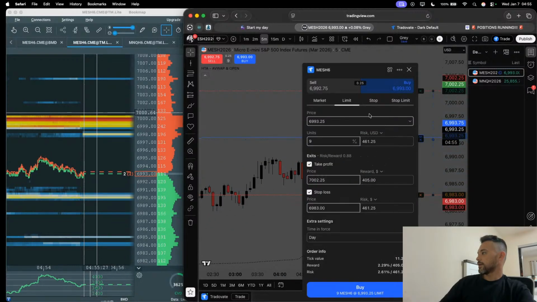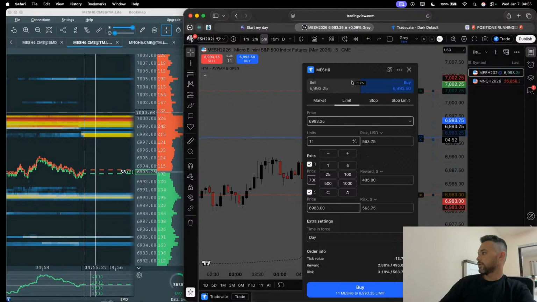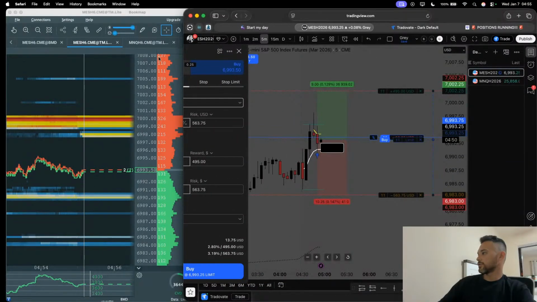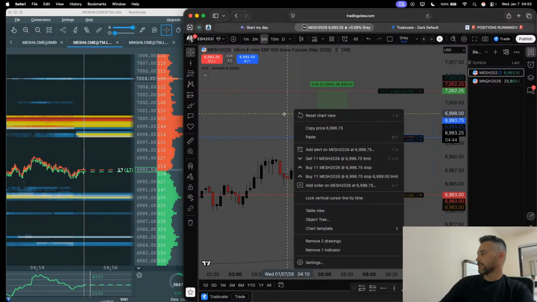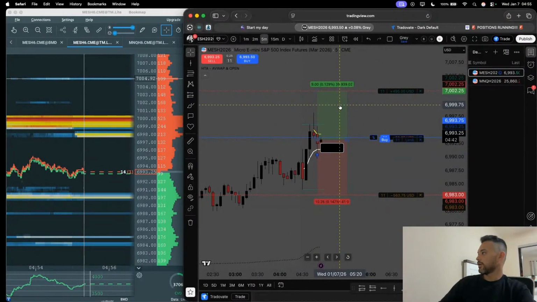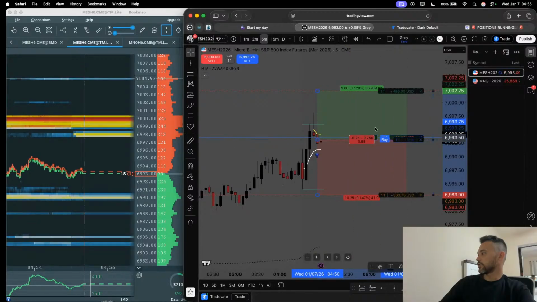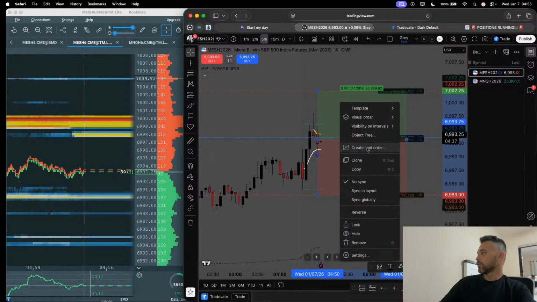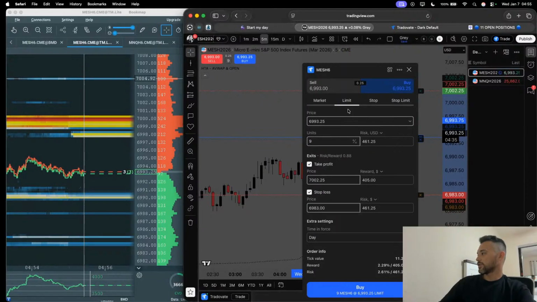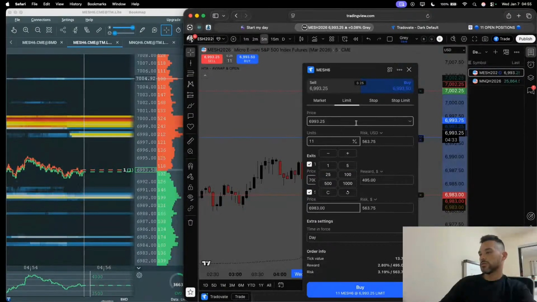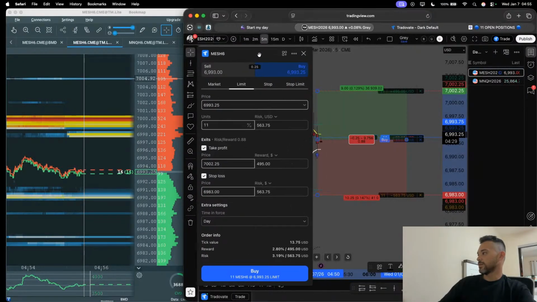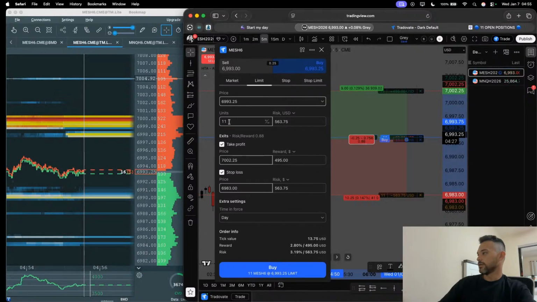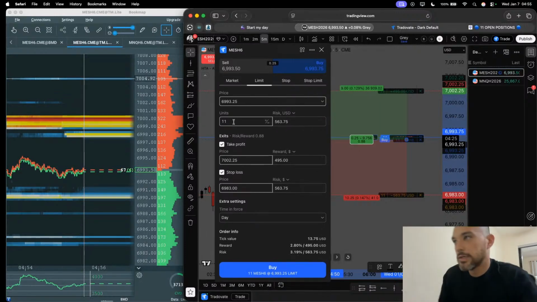Another tip that I got here is, if you don't know how much you're risking, you could always create a limit order. Start it all over. You right-click on the long drawing tool, create limit order, make sure it's on limit, and put in whatever sizing you want, how many contracts.